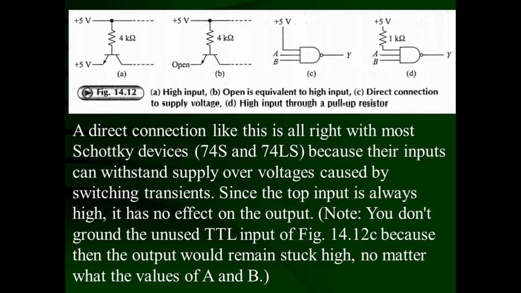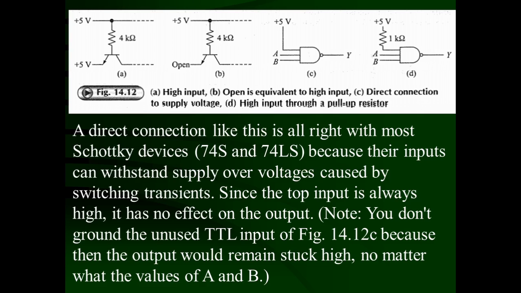And at that time, if it is passed through the pull-up resistance 1K for old devices, then what happens? The input capacitance of unused input of the TTL, which is going to be charged through the pull-up resistance, and the charging time will depend upon RC time constant.